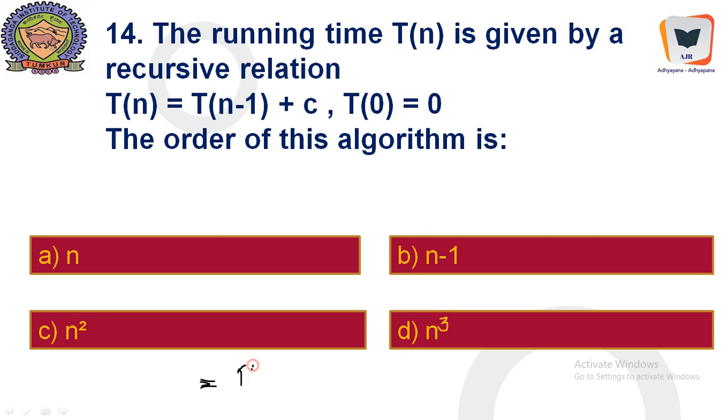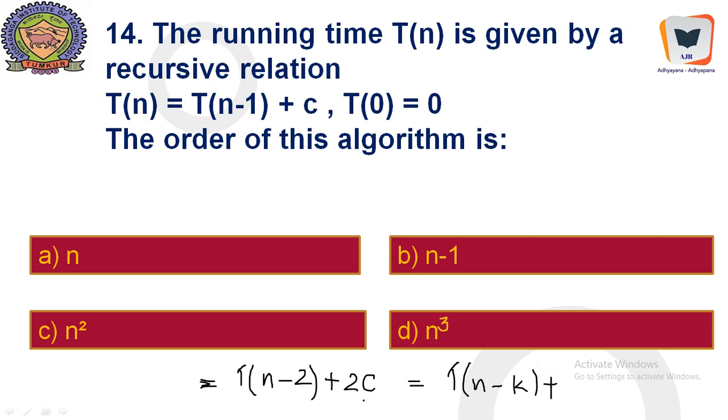In the second step, it will become T(n minus 2) plus another C will be added, so it will become 2C. In the third step, it will become T(n minus 3) plus 3C. So some kind of a pattern is emerging. If we replace it by some constant, let us say k, it is T(n minus k) plus kC, because in the second step 2 is appearing, in the third step 3 will appear.